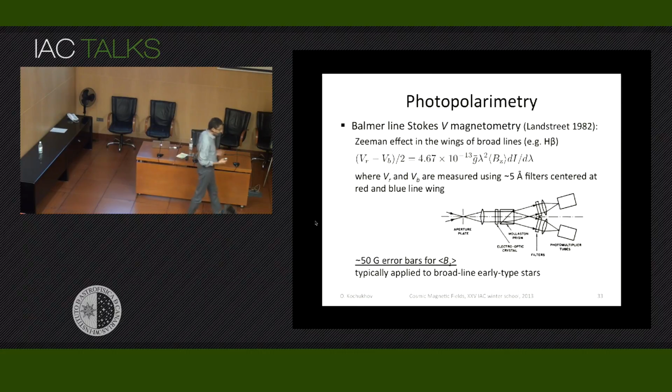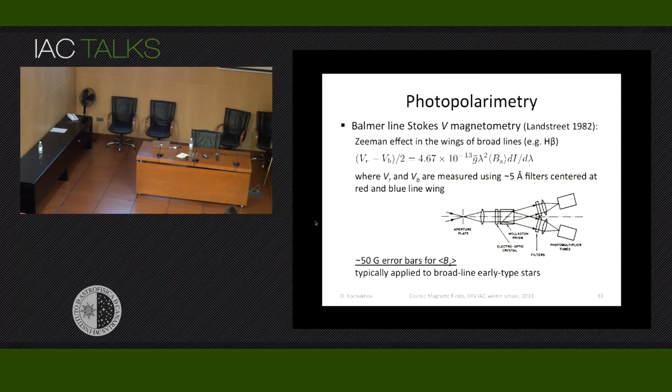It was applied to stars with very strong hydrogen lines. One observes the star with this kind of instrument. Light goes here, and in this particular implementation, they had an electro-optical crystal, a wave plate that changes its properties very fast according to some internal clock.